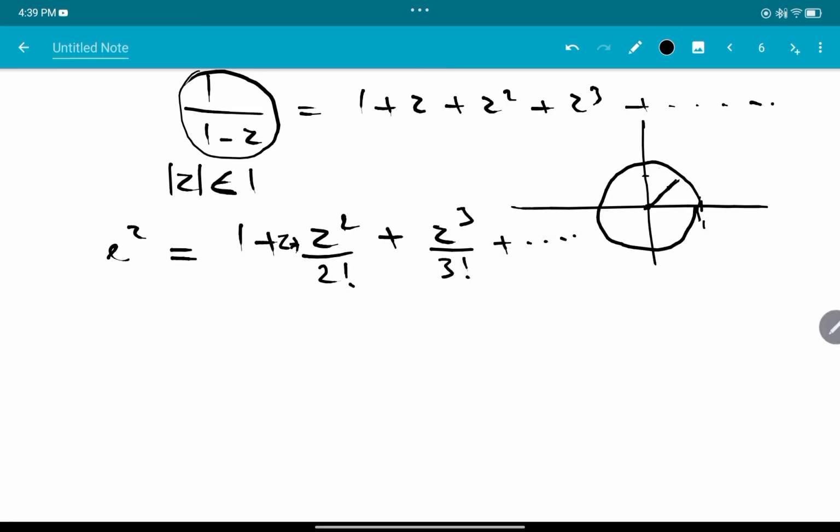Now you have e raised to z divided by 1 minus z. When you write both expressions, the problem is simplification. It is very difficult to simplify it.